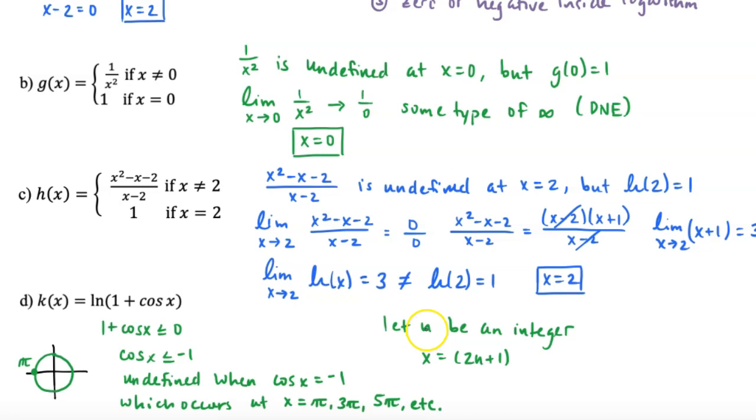Because if n is an integer, starting at 0, my first x value will be 1. Next, if n is equal to 1, the next integer, my x value is 3. If n is equal to 2, my next x value is 5. So using 2n plus 1 just gives me the odd integers times pi. So this is how I can describe where these discontinuities occur.